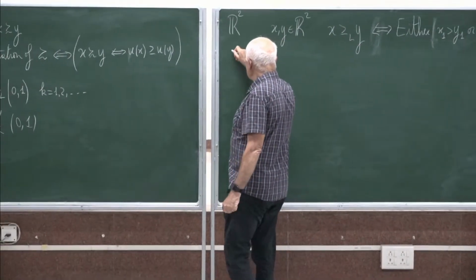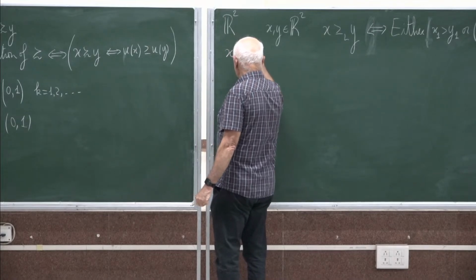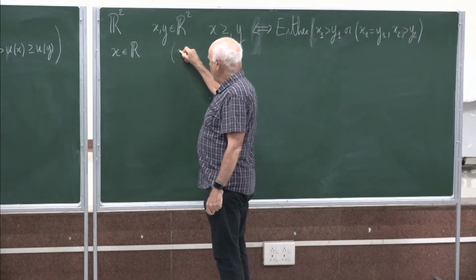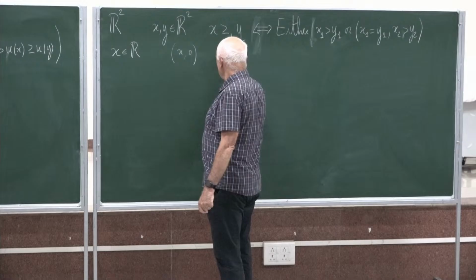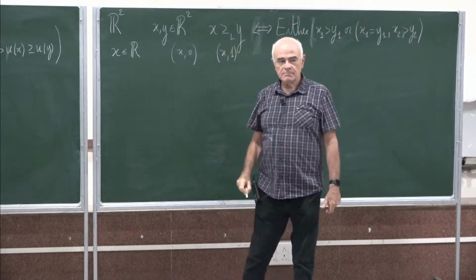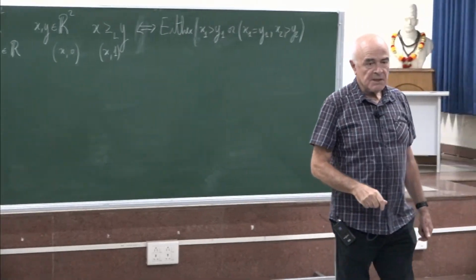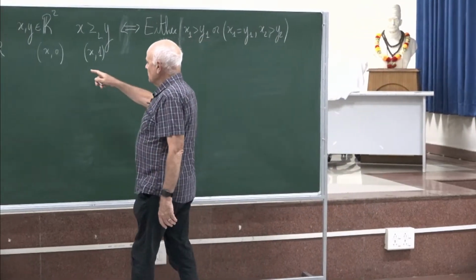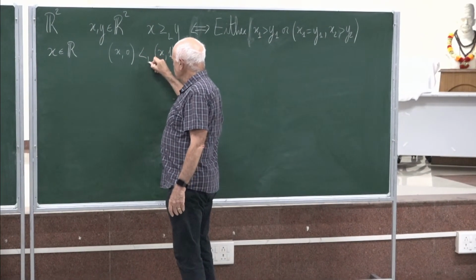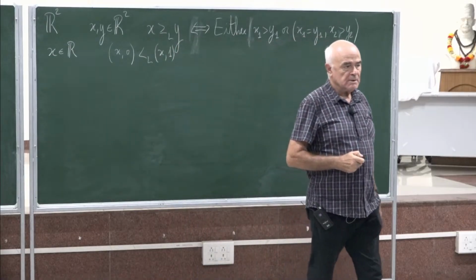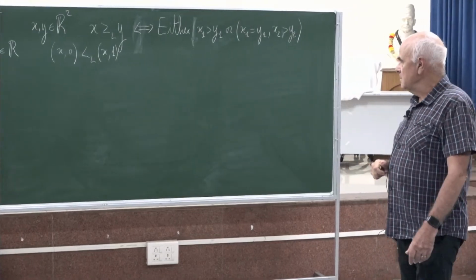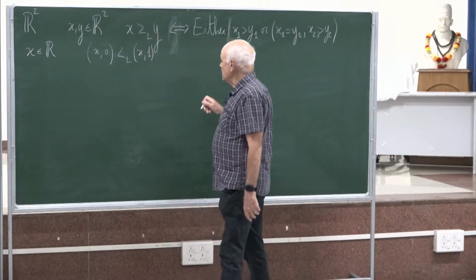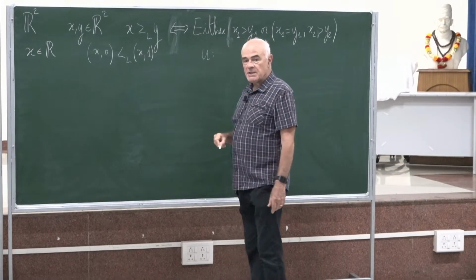For any real number x, consider the pairs (x, 0) and (x, 1). Which one is greater lexicographically? The second one. The first components don't decide, but for the second component, it's clear that this relation holds. Then, assume there is a utility representation. We will see that it's impossible.